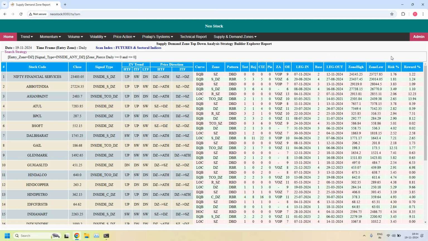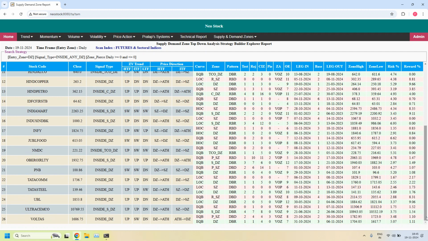With this filter, we got a good number of stocks. These are the first 15 stocks. I am scrolling the list down. So total 26 stocks are filtered where price closed inside the daily demand zone.